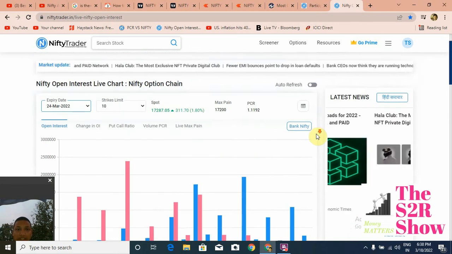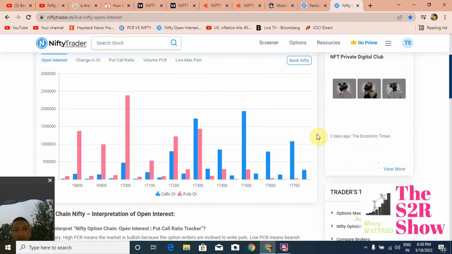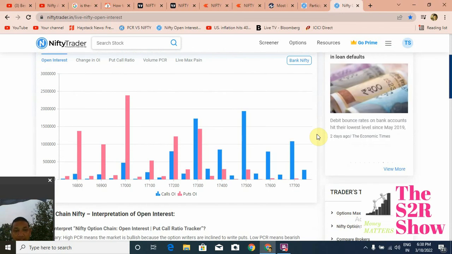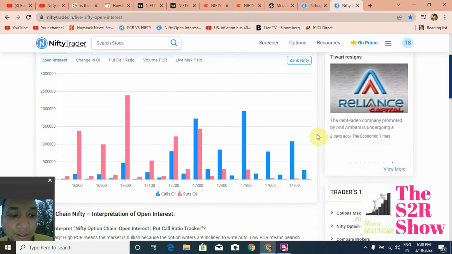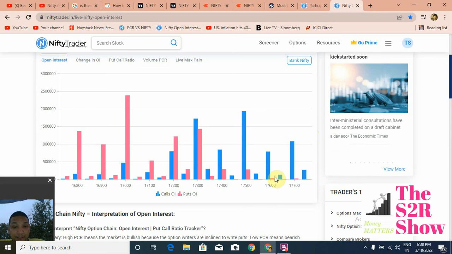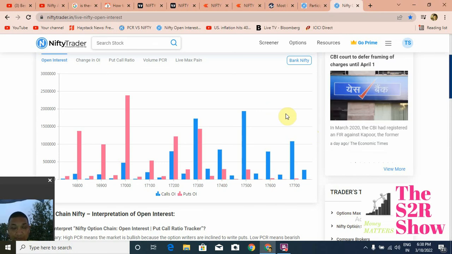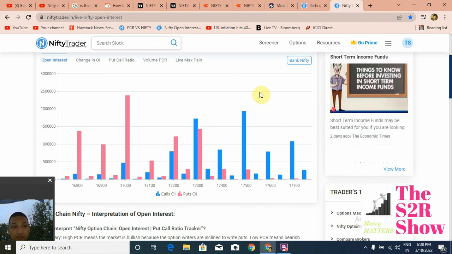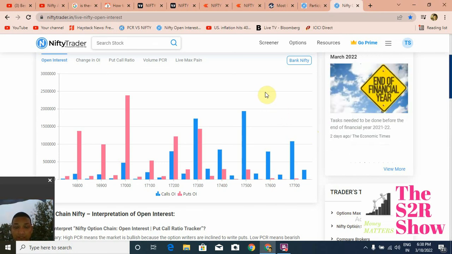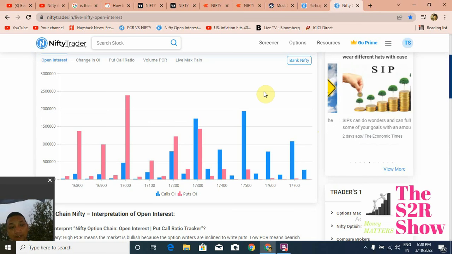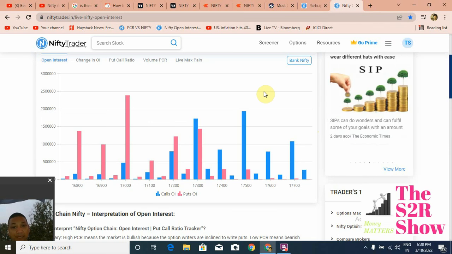So you can do the analysis on the basis of other indicators as well, but I tried to do the analysis on the basis of moving averages and participant wise position, FIIs, and using the open interest data of Nifty. So you can do the similar analysis on Bank Nifty as well.